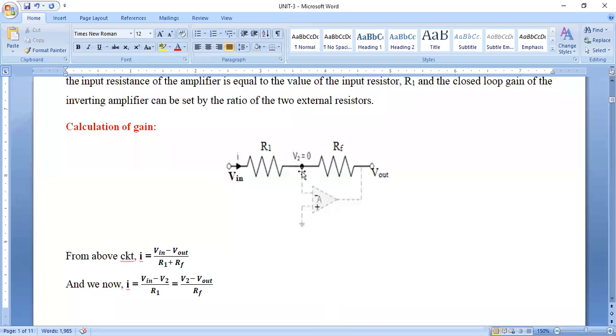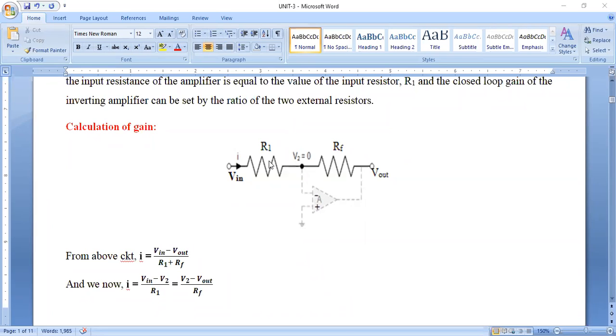This is our summing point, or virtual ground point, and this is the input voltage. Next, we take the output voltage, and this is the negative inverting terminal. We connect the input voltage and the feedback with respect to the negative terminal and output terminal. So this is the equivalent circuit.